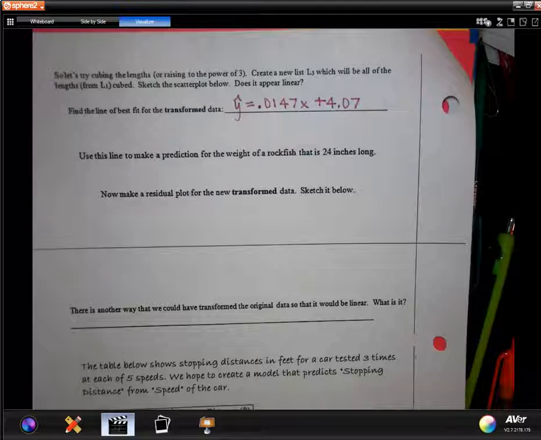Okay. Did you make a prediction? Yeah. Whoa! How did we make a prediction on the front page?